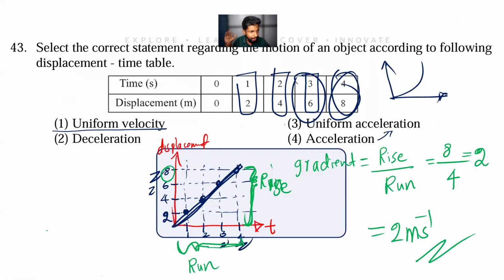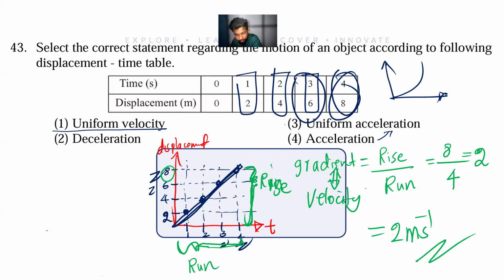Pula, have you finished writing this one? 43. The gradient. Yeah, gradient is equal to acceleration, no? That is for the velocity time graph. Here, we are discussing the displacement time graph now. In the displacement time graph, the gradient is equal to velocity.